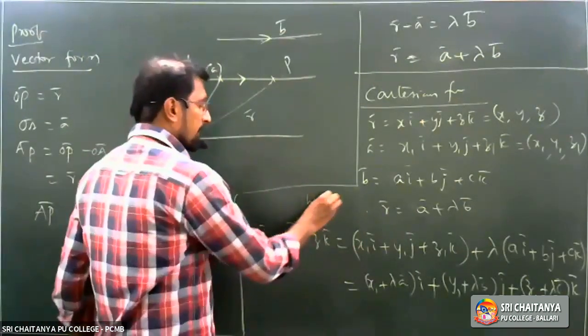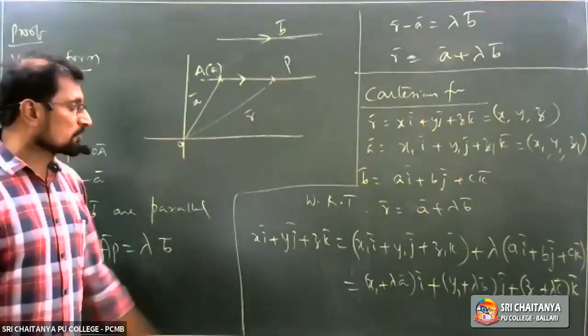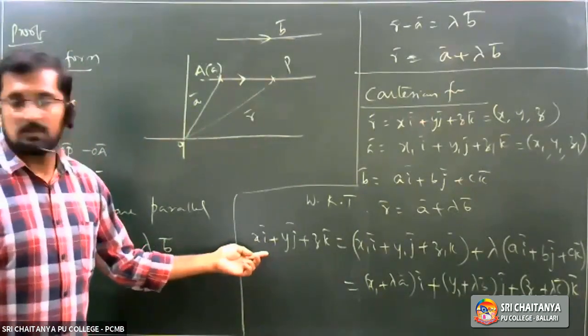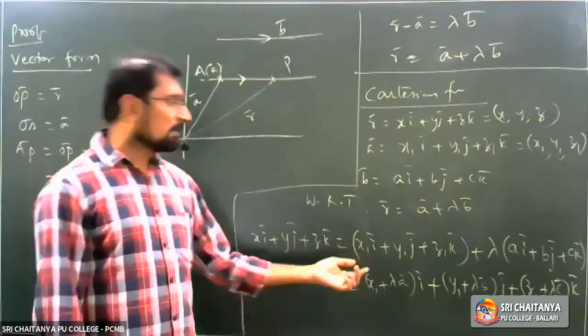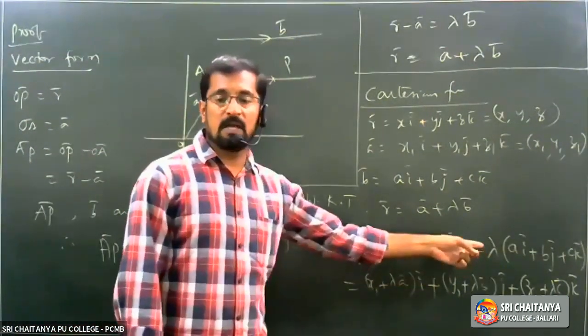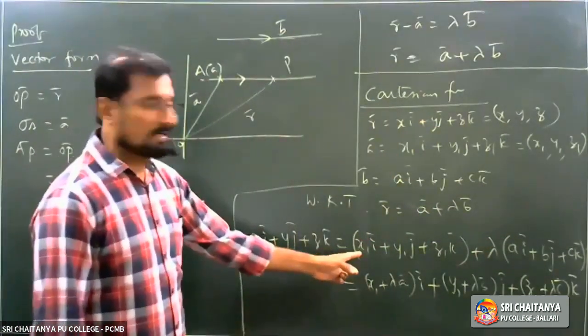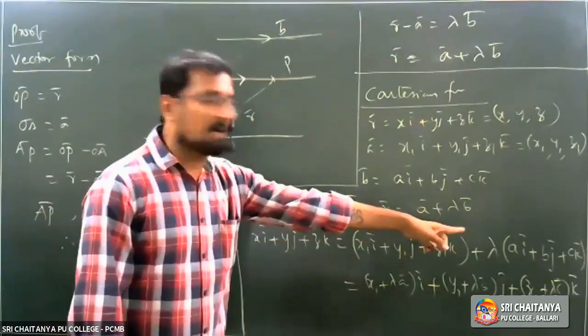We know that R bar is equals to A bar plus lambda B bar. Now this is x1. Here also i bar is there.